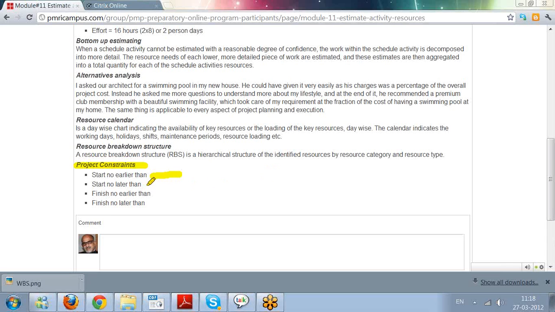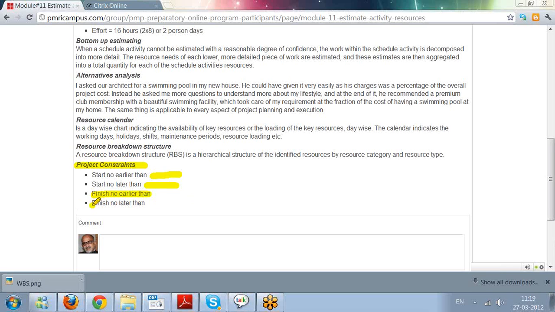Start no later than: don't ever start a construction project in South India after May, because it could be raining. Finish no later than: don't continue a training program after 6:30 p.m. if it is happening in India, because people may sit through the training, but most of it will go above their head, so it will not be effective.